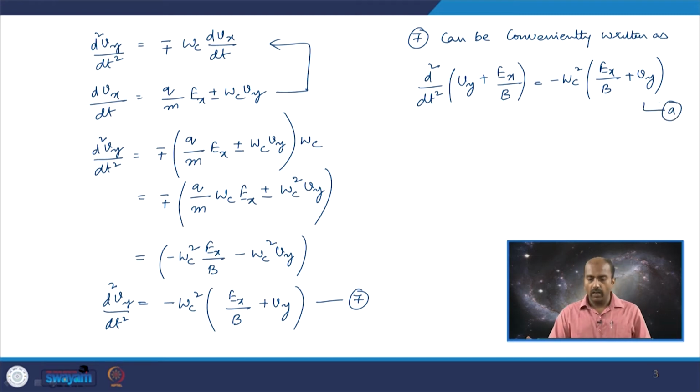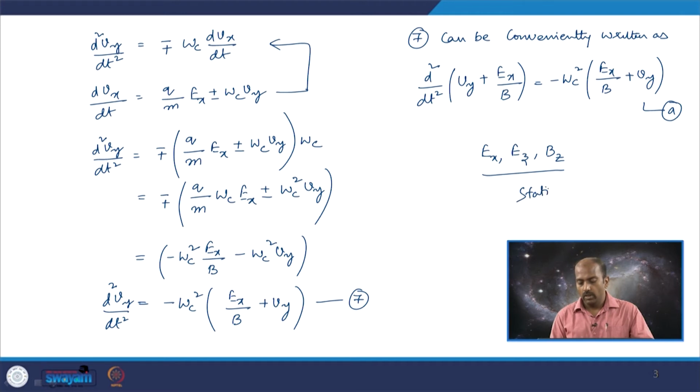Okay. Now, what have I done for the sake of convenience? We know that the electric field Ez and the magnetic field Bz are perpendicular to each other, of course. But what we have taken is that these are homogeneous in nature, or static in nature.